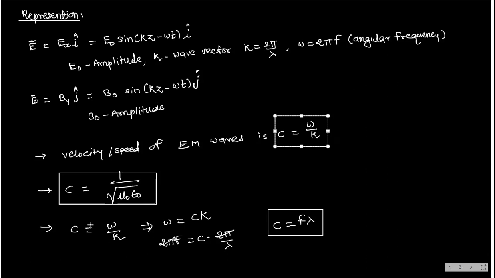So these are a few formulas which we have to keep in mind. Also, one more, that is c is equal to E by B, which is also equal to E naught by B naught.